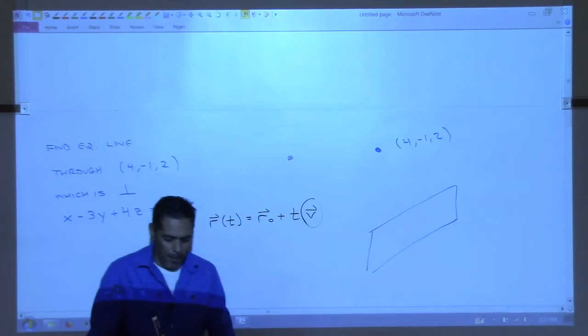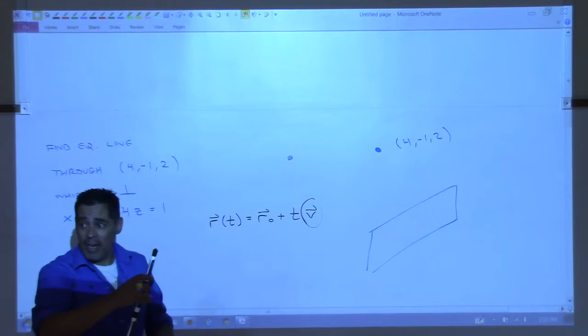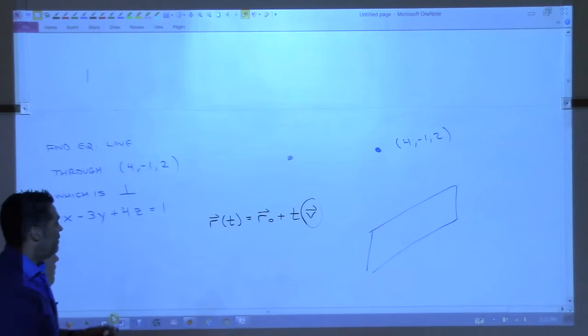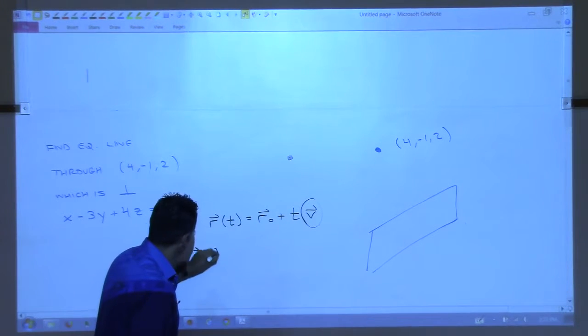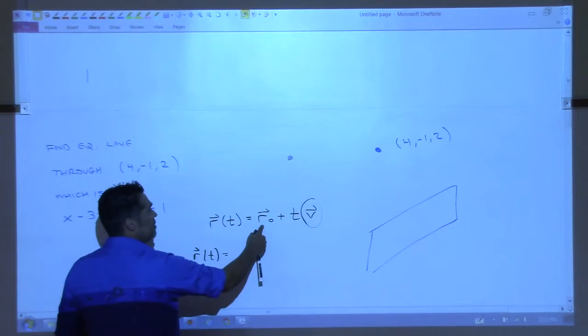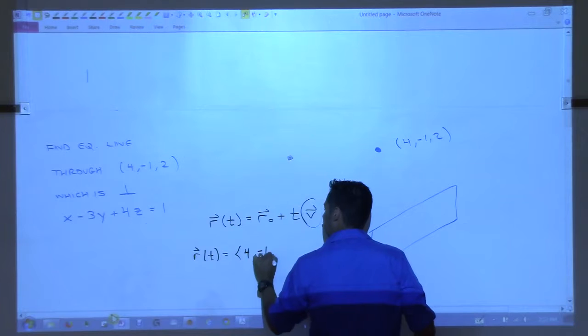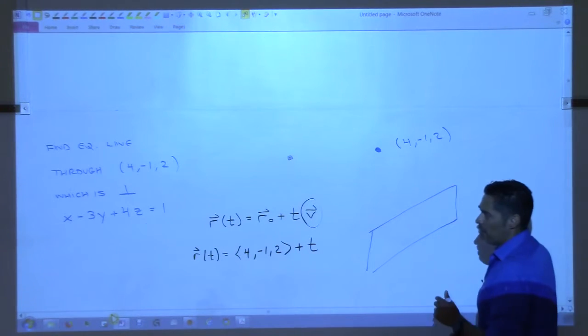But if we have to be perpendicular to this plane, it would just be the normal vector. Then we could use the normal vector of the plane as our direction. So all we have to do to come up with our vector equation is first get this point, which we can convert to a vector, 4, -1, 2, plus t times v, our direction vector.